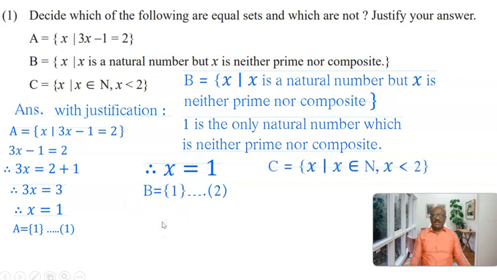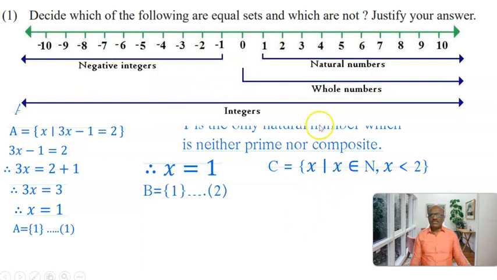Okay. And next, C is equals to, in curly bracket x is such that x belongs to set of natural numbers and x is less than 2. Okay. And here the natural number पाहिजे आपल्याला तो 2 पेक्षा लेस पाहिजे. 2 पेक्षा लेस म्हणजे फक्त एकच एलिमेंट या ठिकाणी आपल्याला मिळतो. Only one.